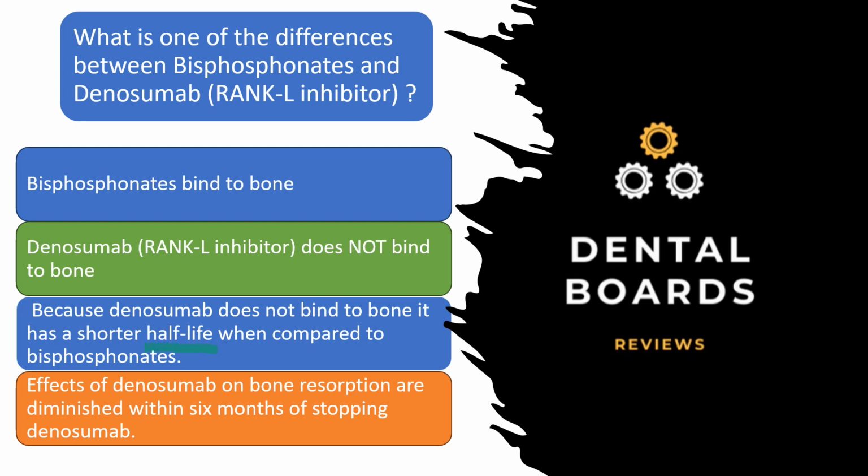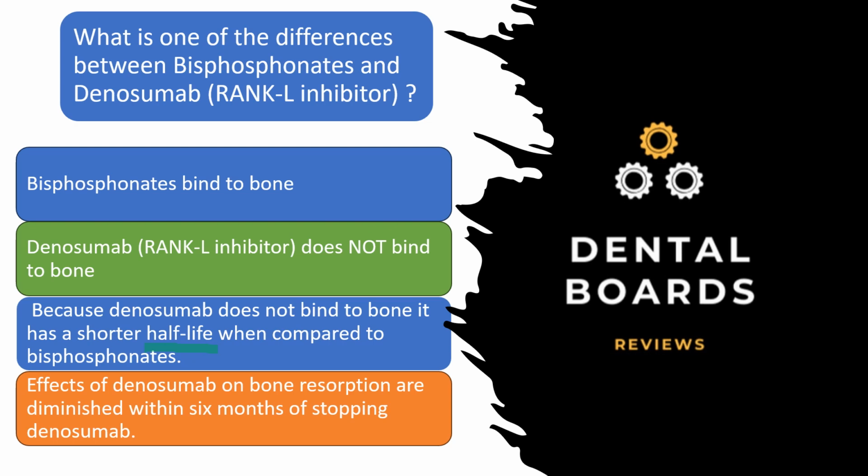As I say, you have to know how Prolia and Xgeva are given. Prolia is given every 6 months, the shot, the injection subcutaneously. For example, if it's been 3, 4, or 5 months, you can safely treat the patient, because denosumab has a shorter half-life compared to bisphosphonate.